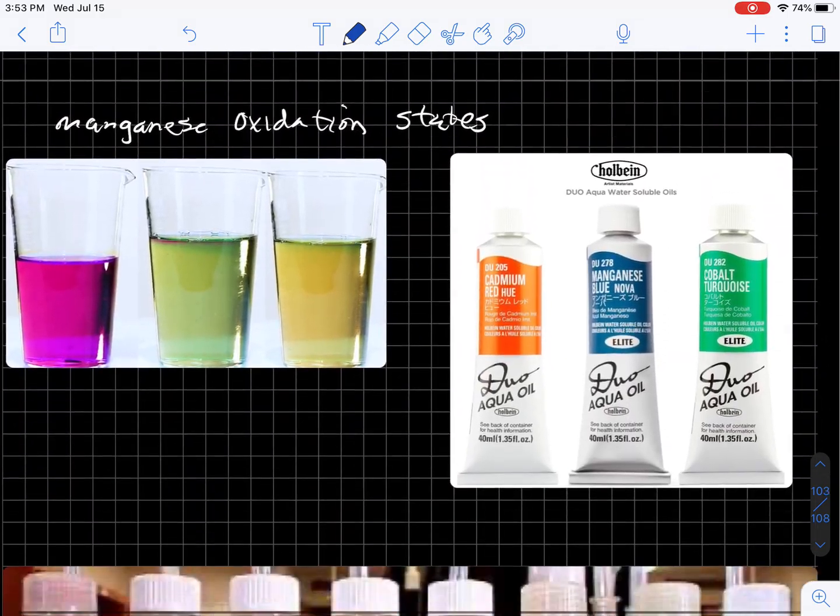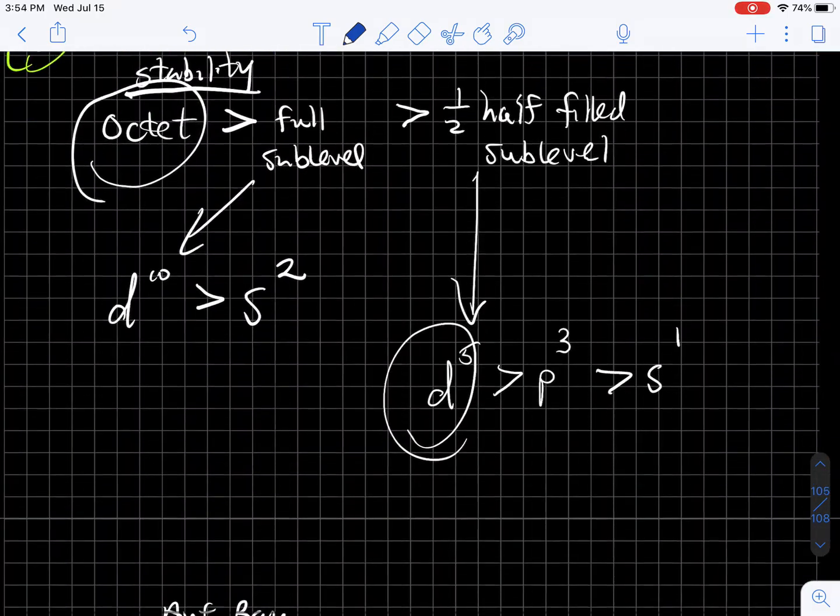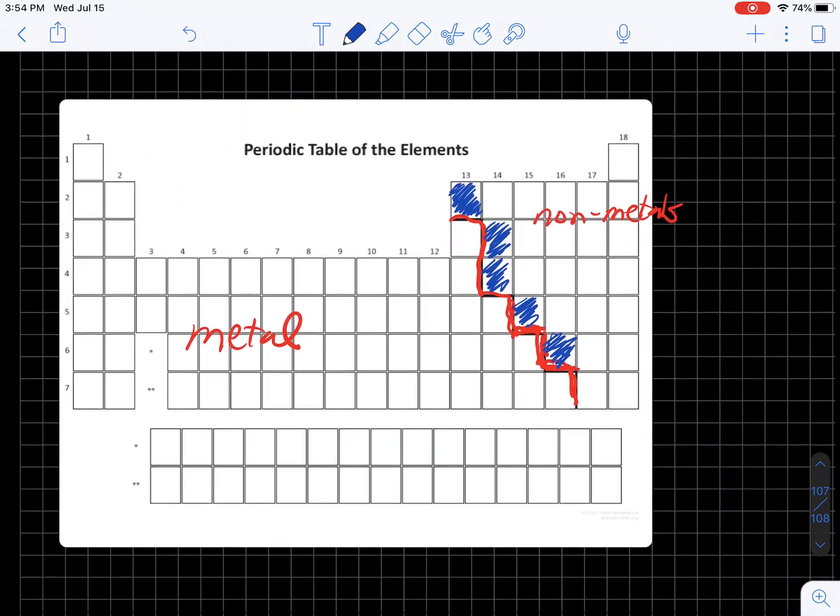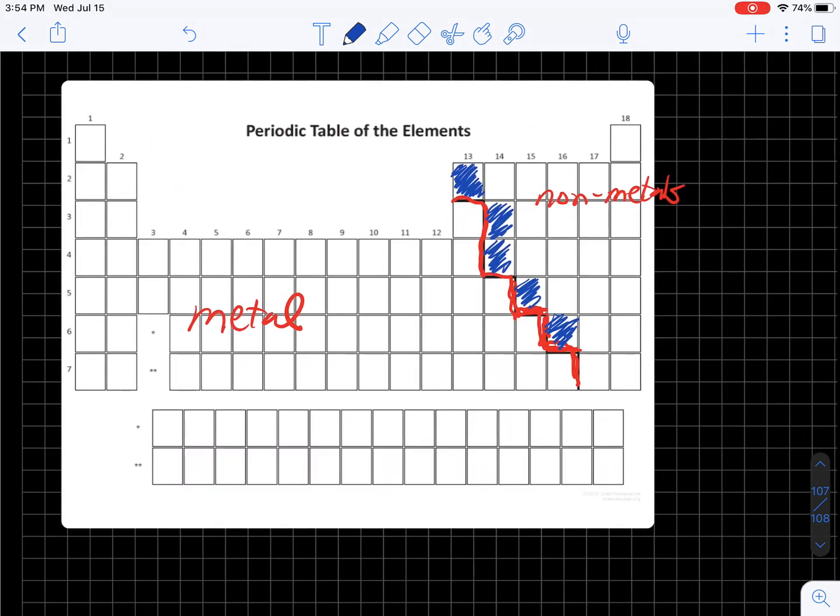So let's go back to our blank periodic table. So those are our metalloids.